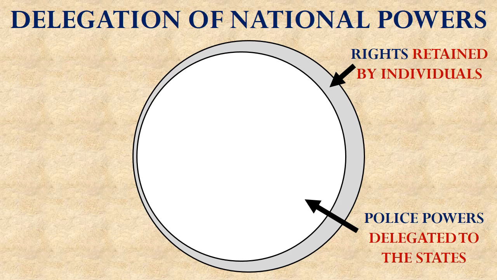And then, acting state by state, the people plucked some of this power away from the state governments that they had given to them and gave it to a national government. But notice that the circle for the national government is much smaller than the circle for the state governments, because the powers given to the national government, as we said before, are few and defined, while the powers remaining in the state governments, retained by them, are numerous and indefinite, to use the words of James Madison.